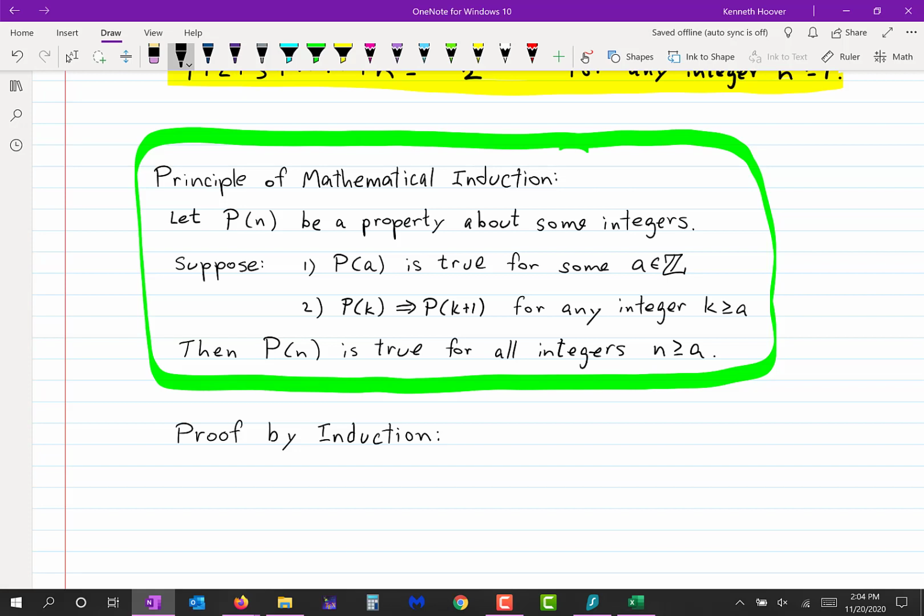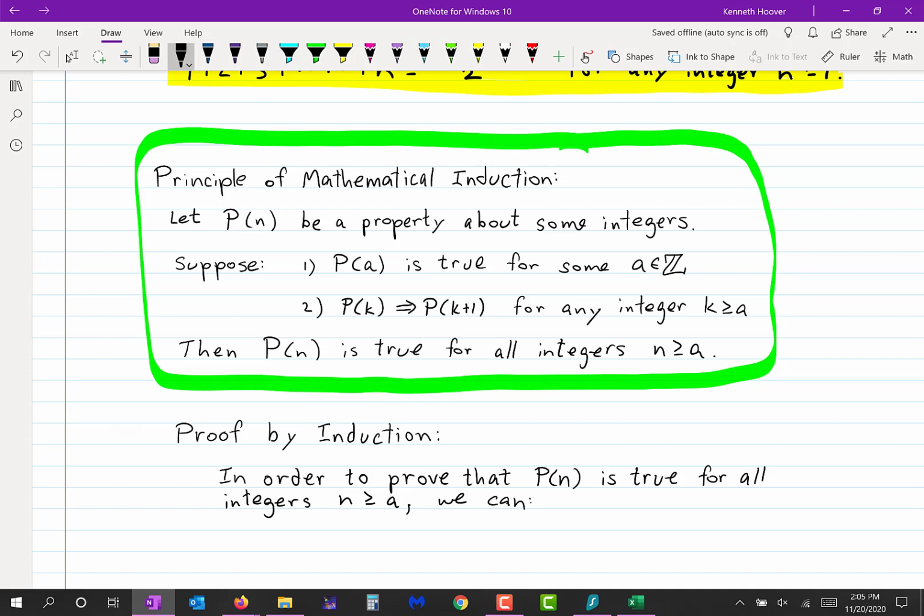Okay, so in order to prove that some statement P of n is true for all integers equal to or greater than a, we can do this.